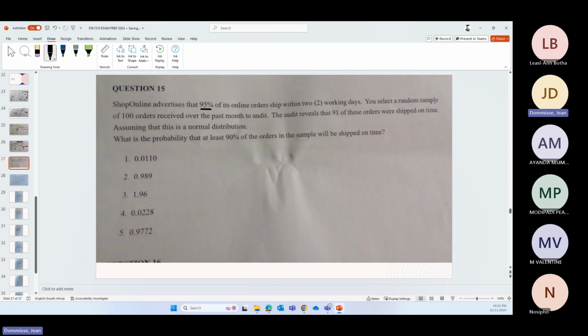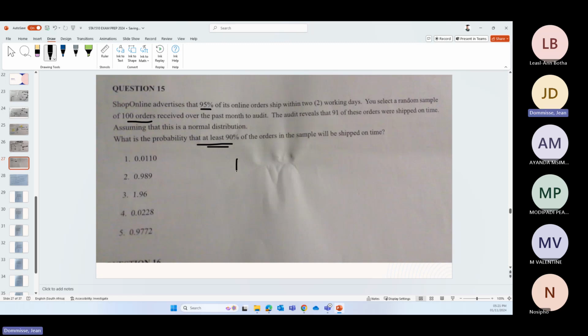You select a random sample of 100 orders over the past month to audit. The audit reveals that 91 of these orders are shipped on time. Assuming that this is a normal distribution, what is the probability that at least 90% of the orders in this sample will be shipped on time?